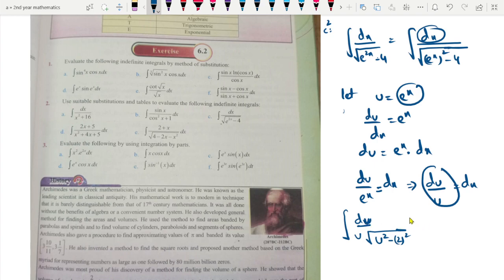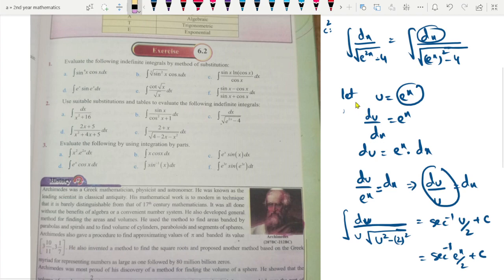So the integral of this one is equal to 1 over 2 secant inverse of u divided by 2 plus c. So put the value of u: secant inverse of e power x divided by 2 plus c. So this is our final answer.